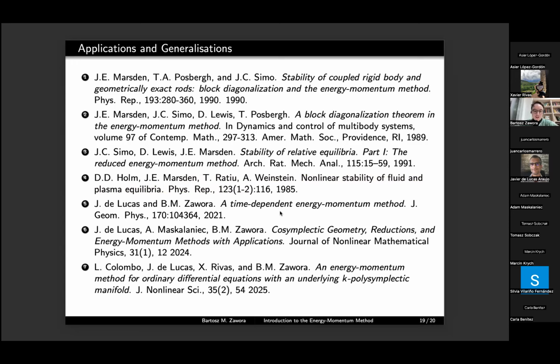There's also an application to a time-dependent realm, when we want to consider a Hamiltonian that is not preserved in time. We want to consider some kind of expansion of the body, which is called the pseudo-rigid body. And here the time is treated as a parameter.